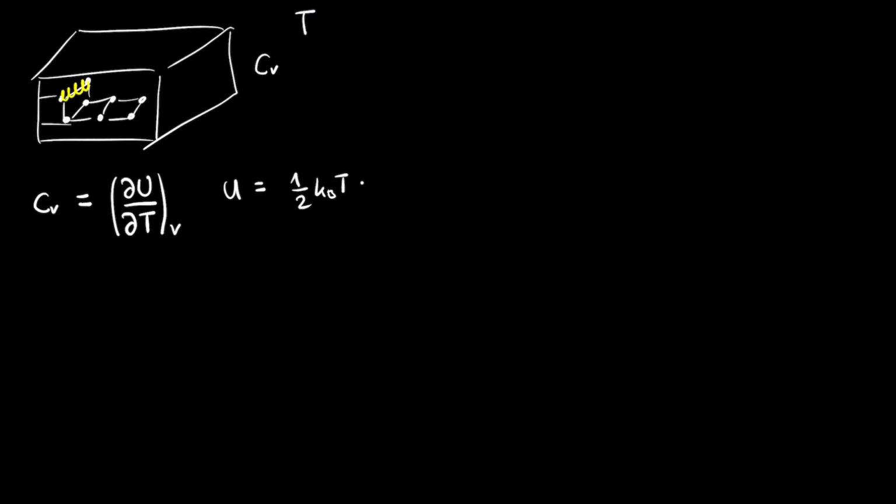If you remember simple harmonic motion, say you have a mass here and a spring here, the potential energy of the spring is 1/2 multiplied by the spring constant multiplied by the displacement squared. You can treat this as a sort of harmonic coupling between the atoms, and that is a very useful model for this.